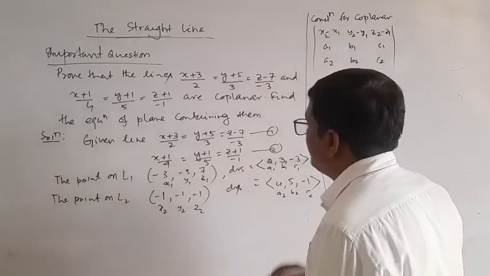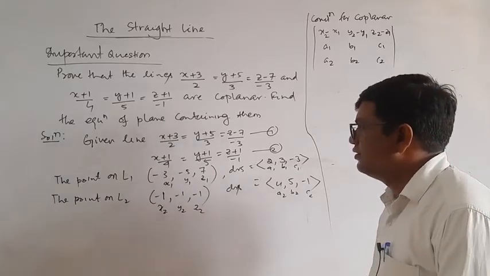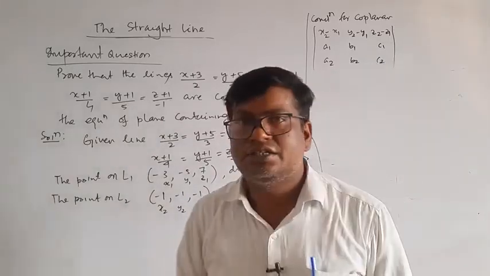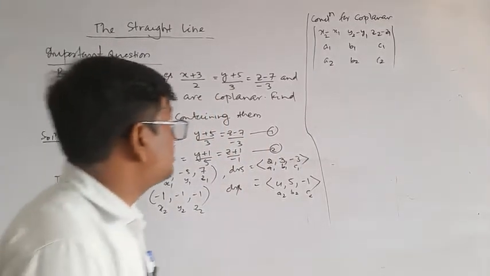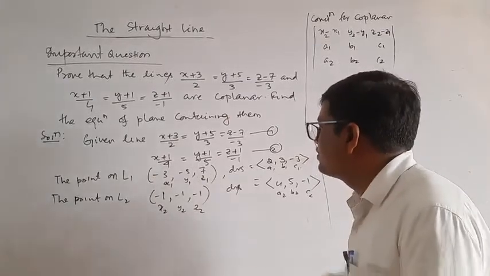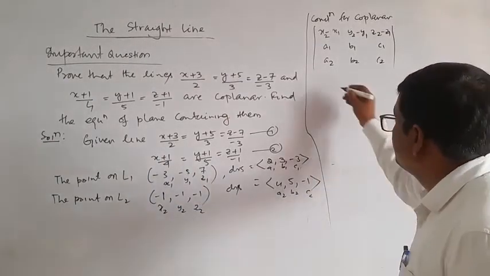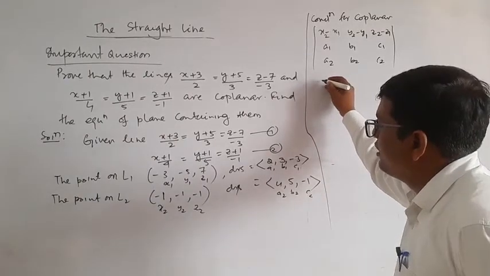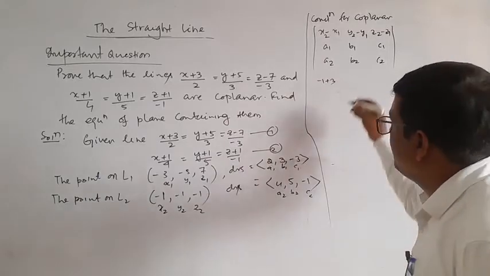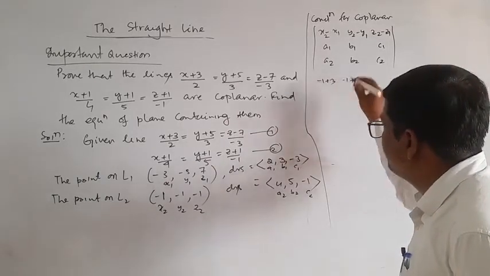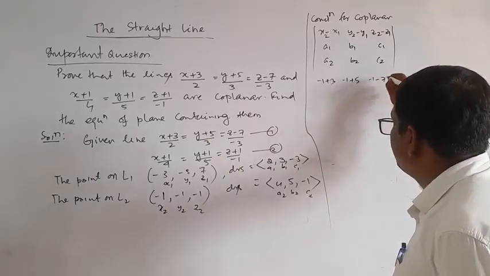Now x2 minus x1 is what? x2 means minus 1 minus of minus 3, that is plus 3. So this is x2 minus x1, equal to minus 1 plus 3. And y2 minus y1, minus 1 plus 5. And z2 minus z1, minus 1 minus 7.